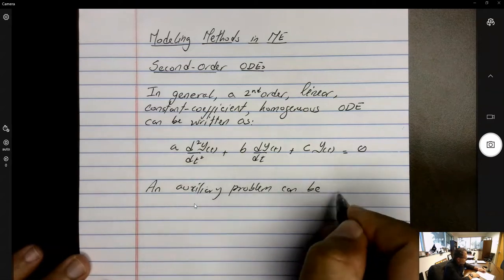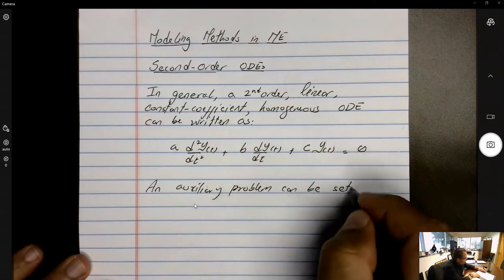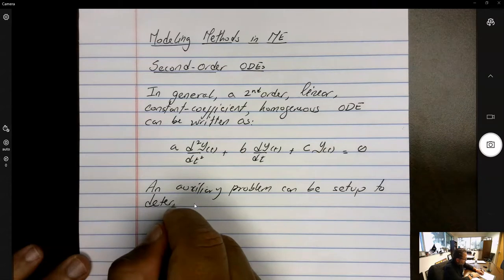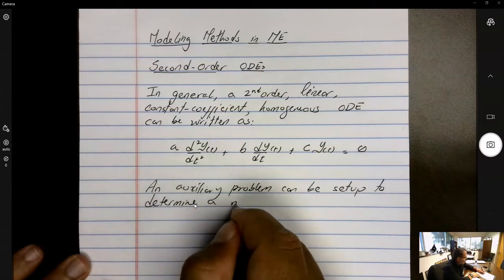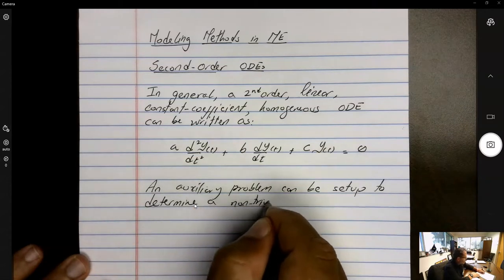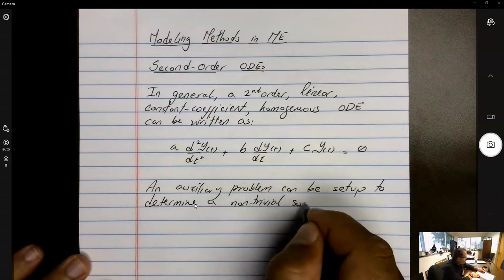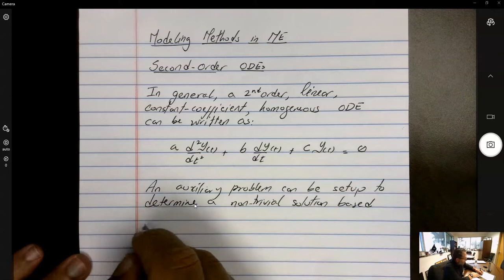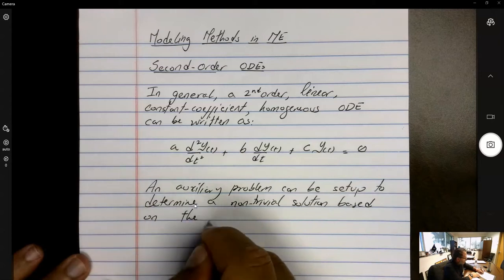The auxiliary problem can be set up to determine a non-trivial solution based on the roots.